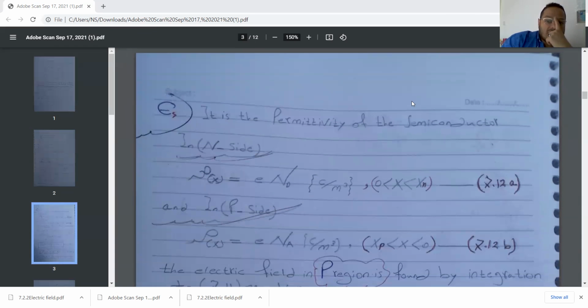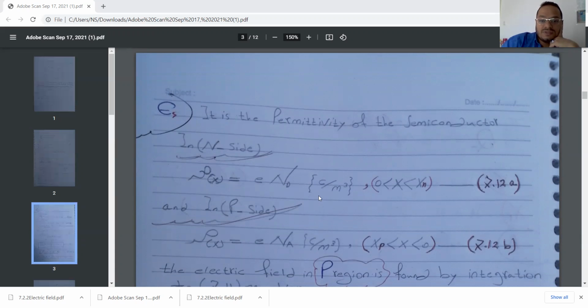Now let's work at first inside. We have two different volume charges, one for each of the n side and the p side. Like I said before, we will start from the n side. Here the volume charge equals electron charge times donor concentration.